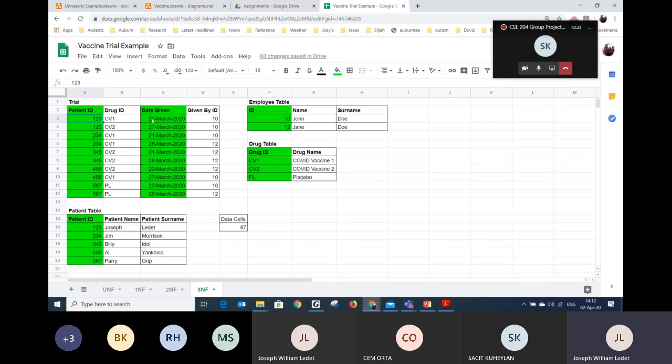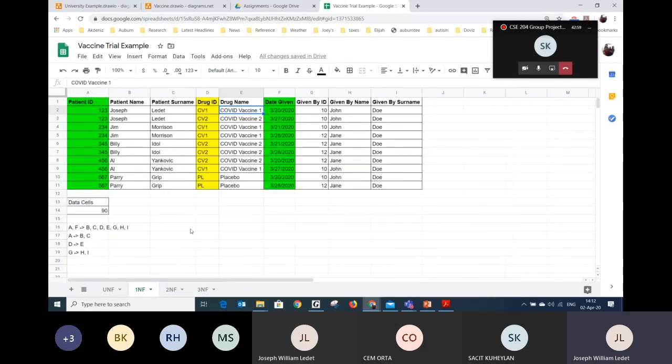Okay, so he took drug CV1. Let me go to the drug tab. Oh, that's COVID vaccine 1. He took that given by number 10. Number 10, that's John Doe. Right, so it'd be hard for us to very quickly understand the relationship between all the trials that Joseph Leday was in charge of, or a part of.